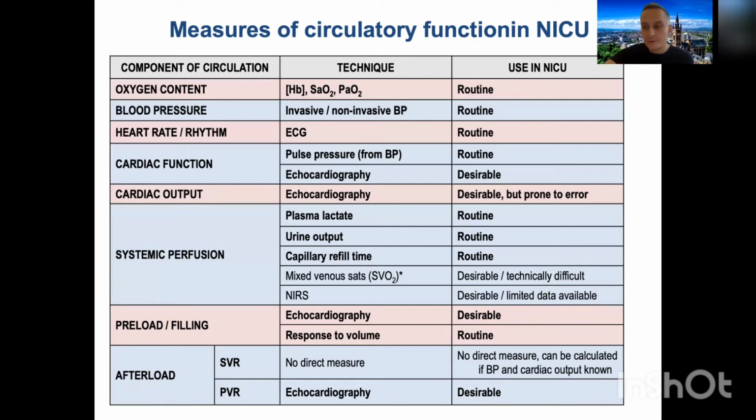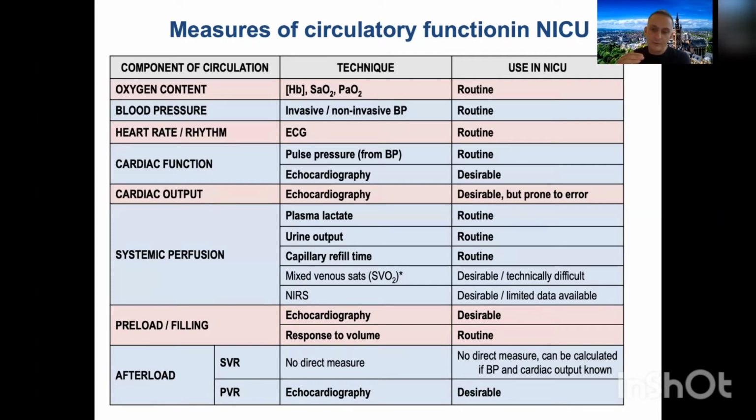And what about afterload? Remember, afterload on the left ventricle is the systemic vascular resistance. It would be great if we could measure that alongside blood pressure and cardiac output, but again, unfortunately, we have no direct measure of it. I did mention to you before, however, that we can use the diastolic blood pressure to get some assessment of that systemic vascular resistance.